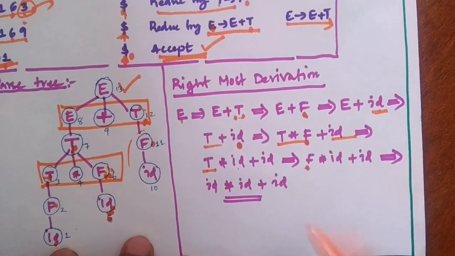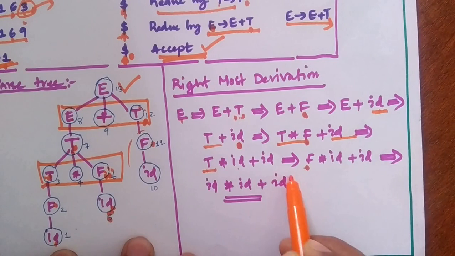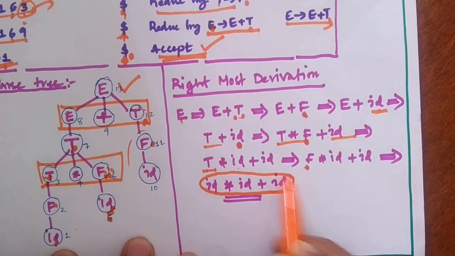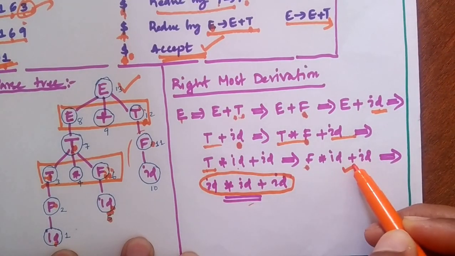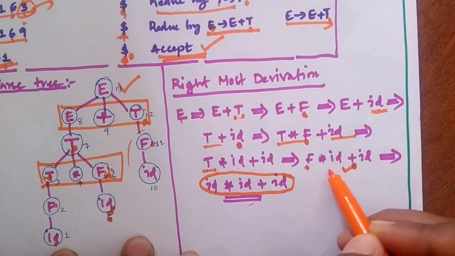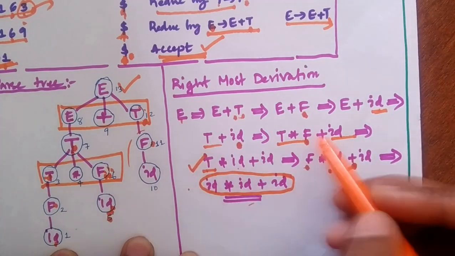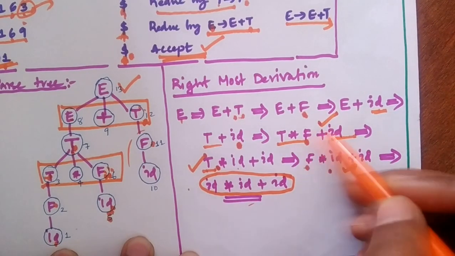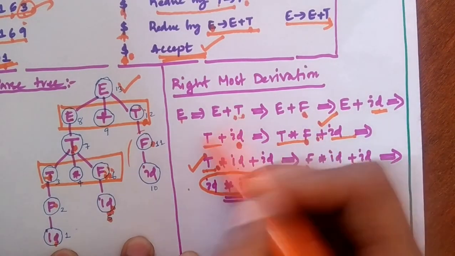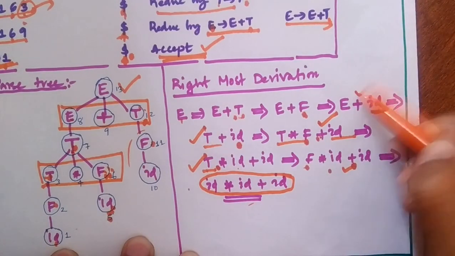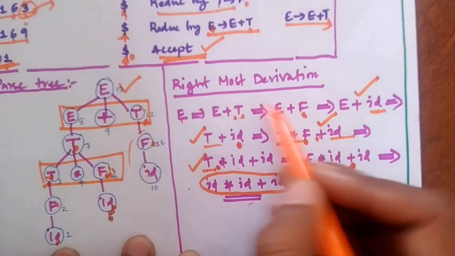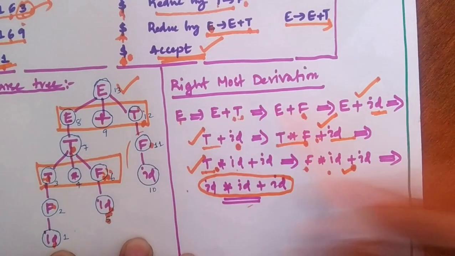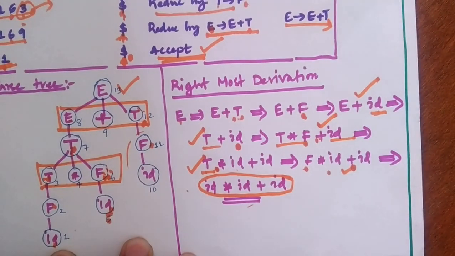So what this SLR parser did is, it started from this string and produced this sentential form. Then from this one it produced this sentential form. Then from this sentential form it produced the previous right sentential form, and keeps on producing the previous right sentential form of the existing one, until finally it reaches the root.